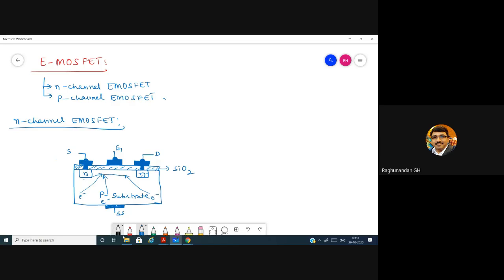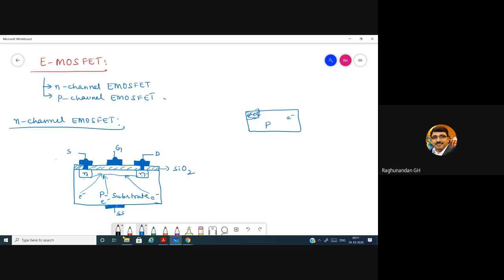a layer. Say this is a P layer. Now I am going to segregate all the electrons present in this entire P layer to this particular portion. Let's say all electrons are occupied here.